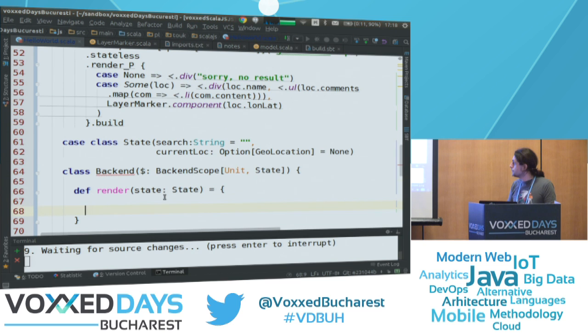Let's infer it. So, what are we going to render? Well, what will be our component? Of course, it will be a div. And what will be inside this div? Well, of course, there will be our input field.